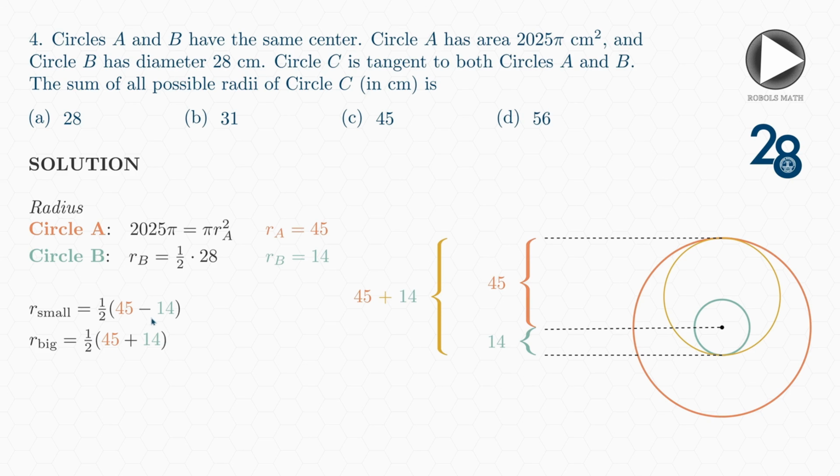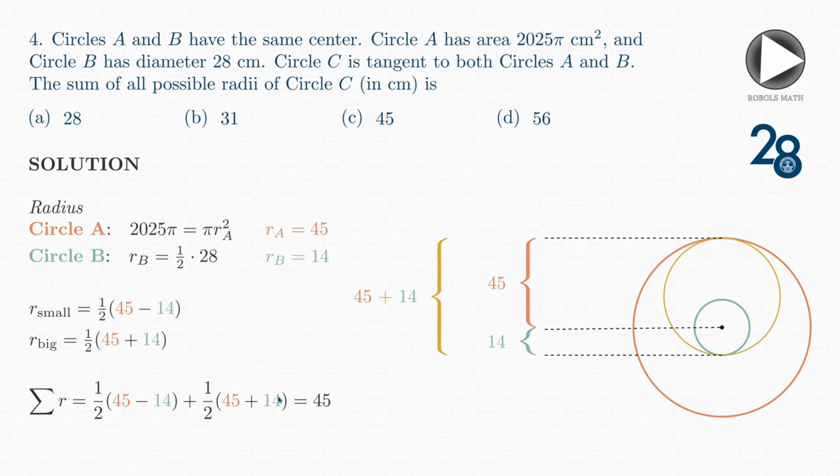So the sum of these radii is 1/2 times 45 minus 14 plus 1/2 times 45 plus 14, which is equal to 45. It's quite easy because you have here minus 14 and then plus 14 right here, and that cancels out. That's why I asked you not to simplify this earlier, because eventually you can simplify that out.